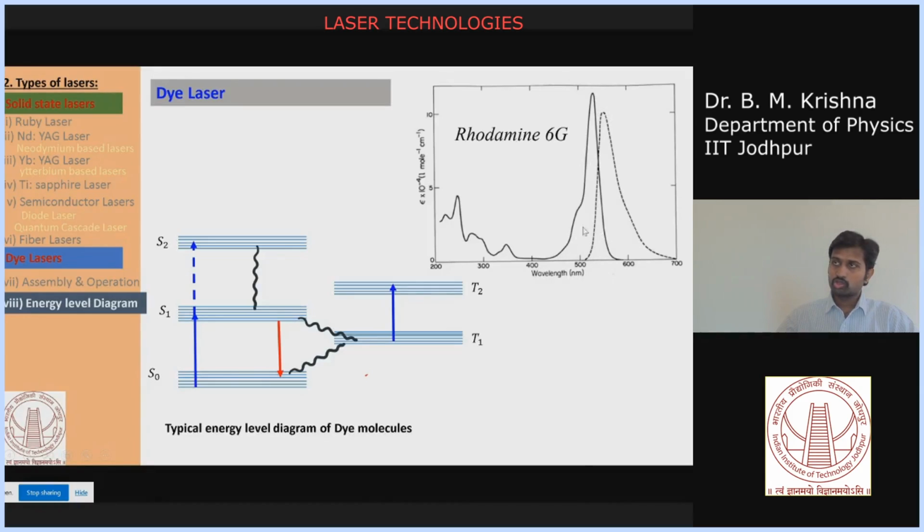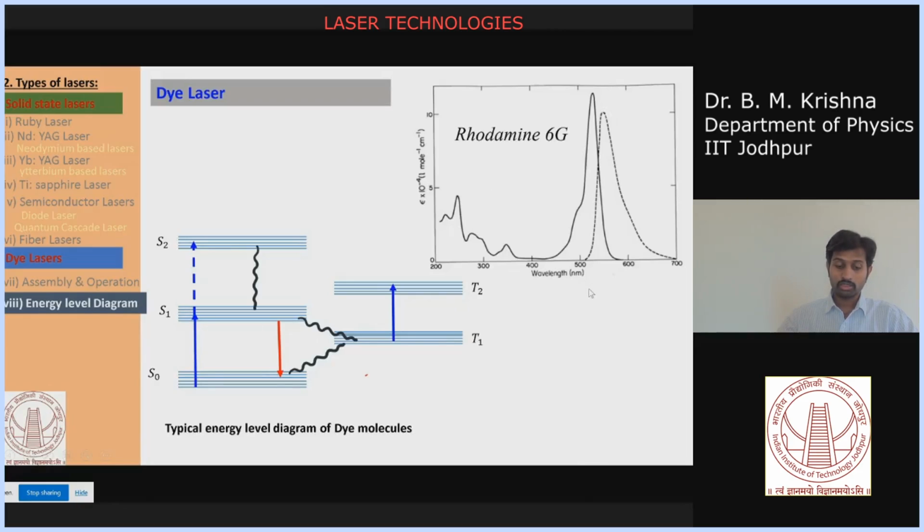That means you pump your higher states, you have a non-radiative transition in the singlet states, that energy is lost, that is your shift in the fluorescence. Okay, so this is the emission wavelength, and the emission wavelength is the tunability of your lasing action. Okay, so that is about rhodamine 6G.